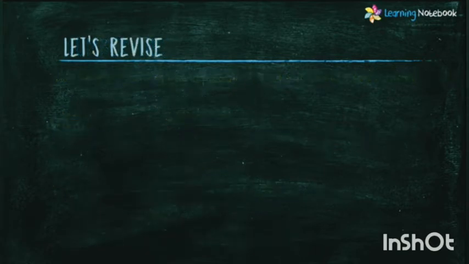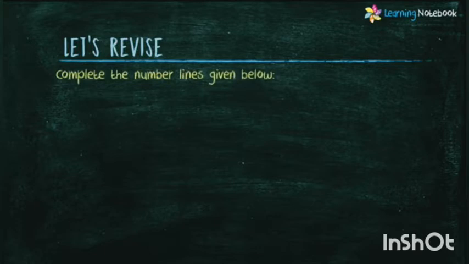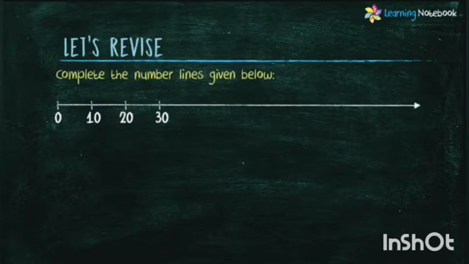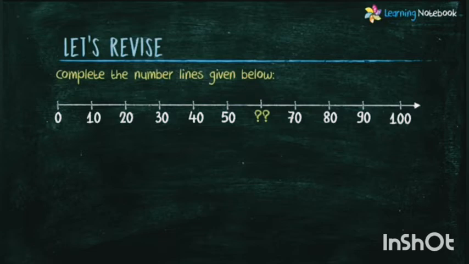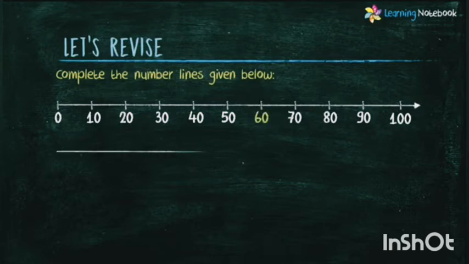Complete the number lines given below. Here the number line is 0, 10, 20, 30 and so on. You can see the number line has a unit distance of 10. Therefore, after 50 we will get 60. Take another example.